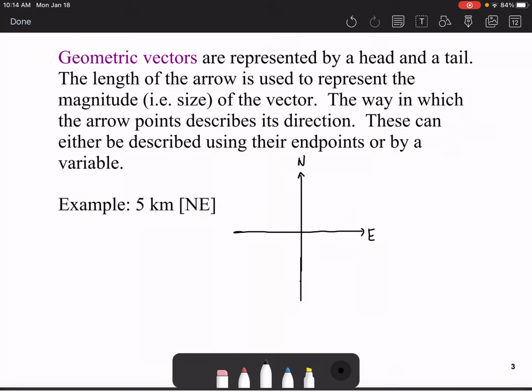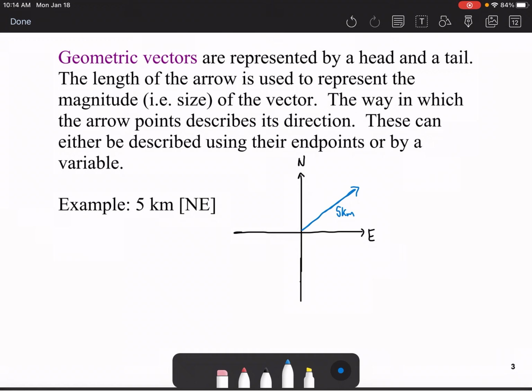So something going northeast is halfway between north and east, and it's only traveling 5 kilometers. So I'm going to use my ruler and draw something halfway between. And this is going to represent 5 kilometers.